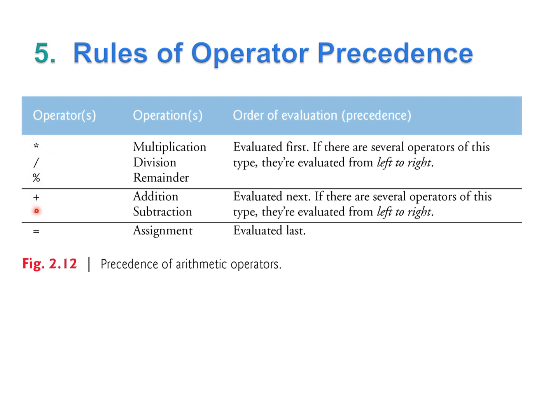Addition and subtraction operators are applied next. If an expression contains several such operations, the operators are applied from left to right. Addition and subtraction operators have the same level of precedence.